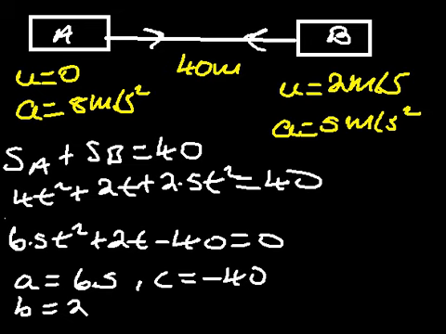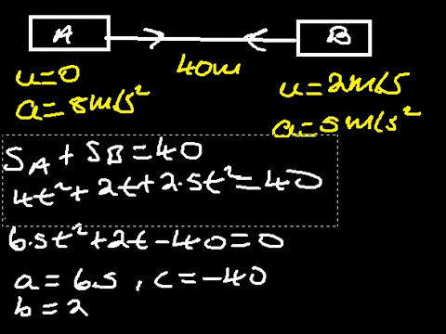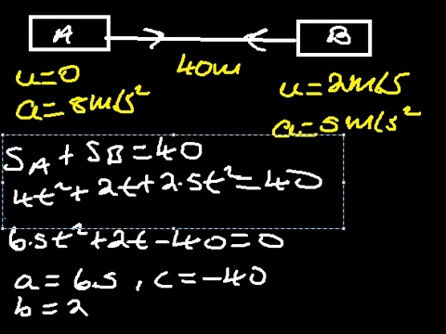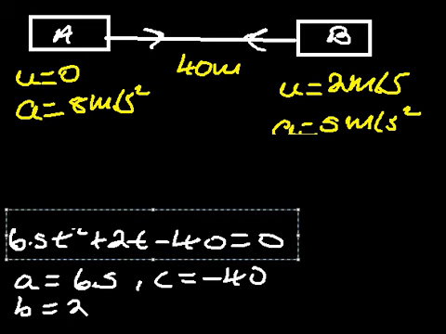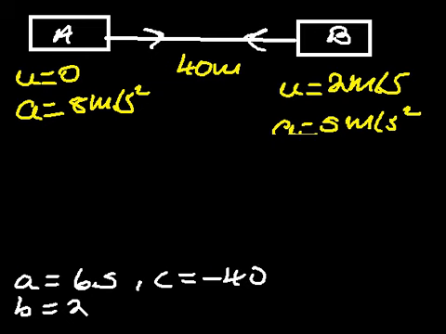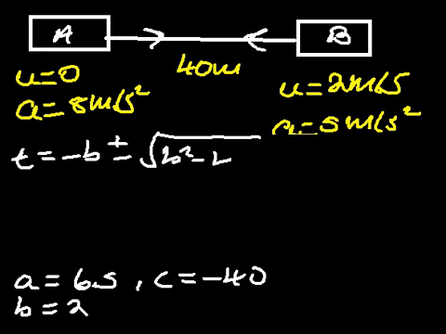Then I'll have to come up with the quadratic formula, so I'd like to deduce the time it takes. Which means we'll have t being given as negative B plus or minus the square root of B squared minus 4AC, all divided by 2A.